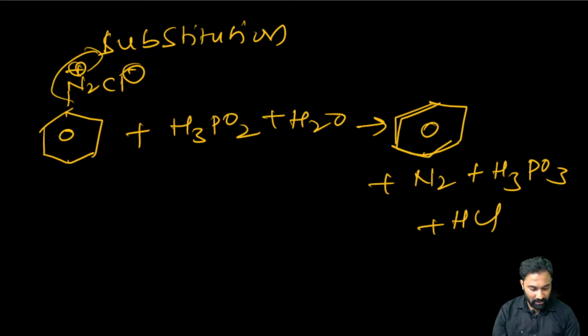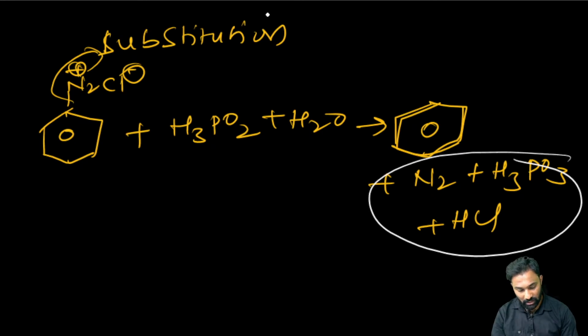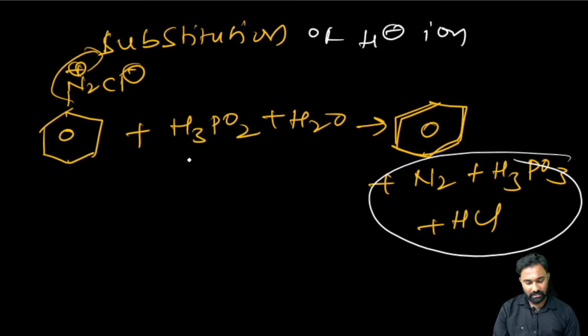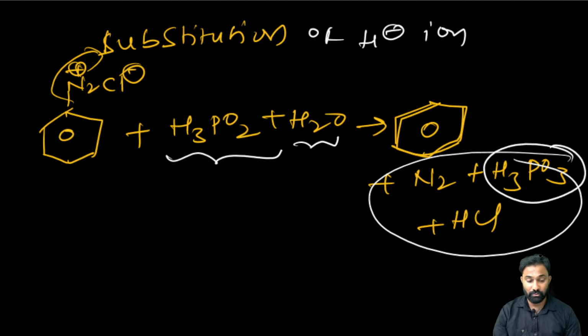Here the byproducts also they will ask in this substitution of hydride ion. In this H3PO2 and H3PO3, they will ask what is the basicity of the acid in the product. Can anyone tell me the basicity of the acid in the product?